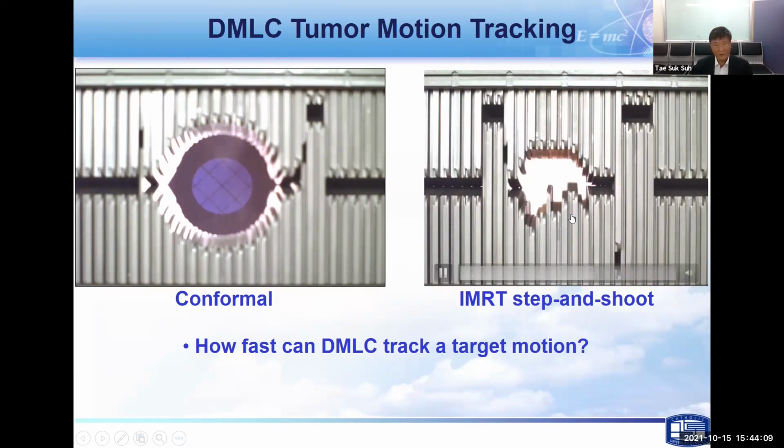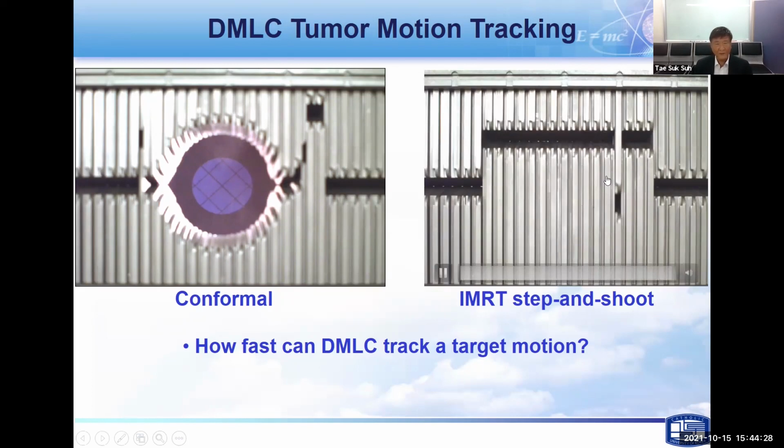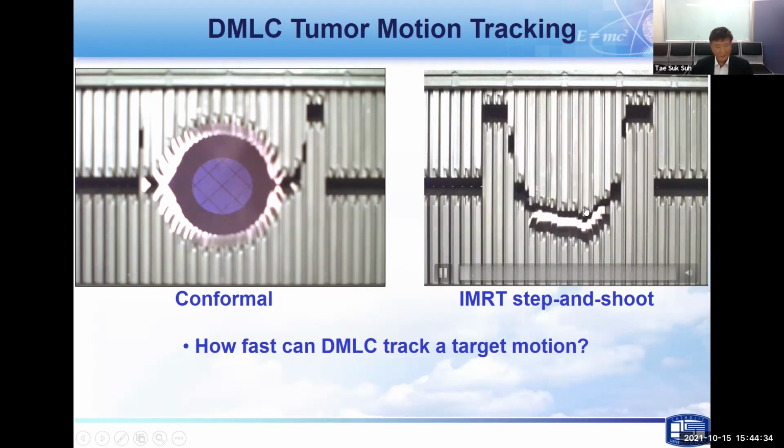We can quickly track the moving target. However, regarding the tracking efficiency, if the target moves parallel with the multi-leaf, it's okay. We can easily track. But if the target moves perpendicular to the leaf direction, then it's very difficult.